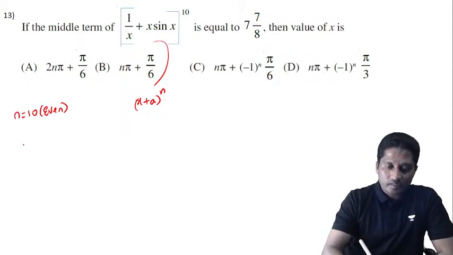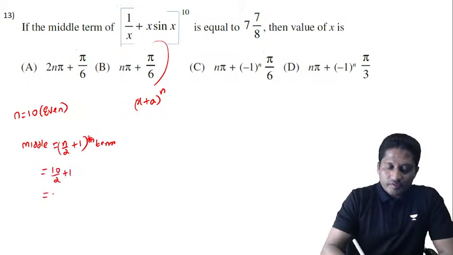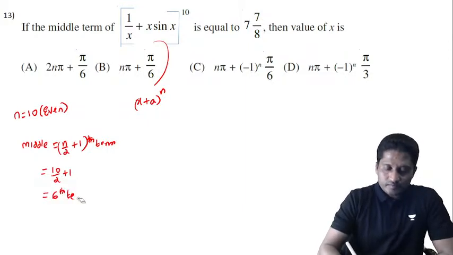Or by direct formula, if n is even, the middle term is n by 2 plus 1th term. So this is equal to 10 by 2 plus 1, which is equal to the 6th term.